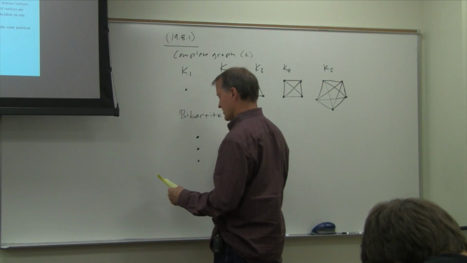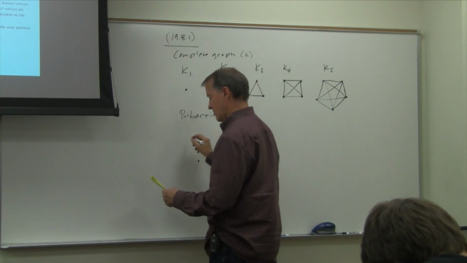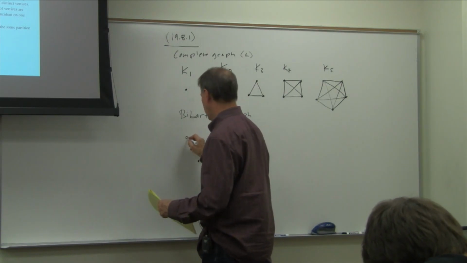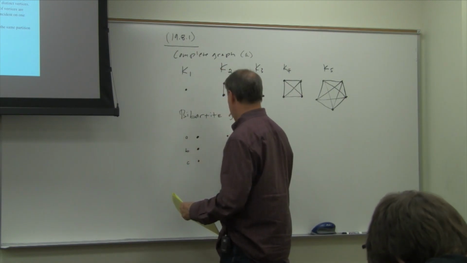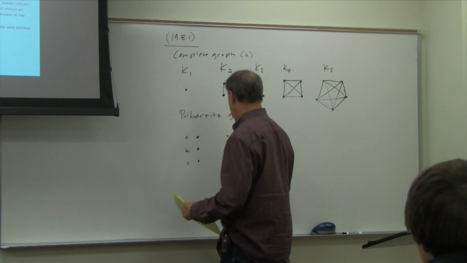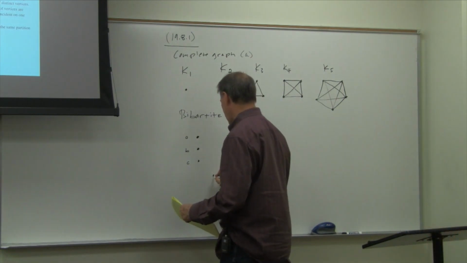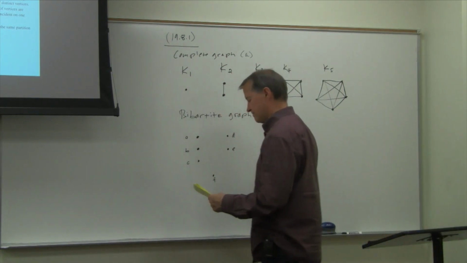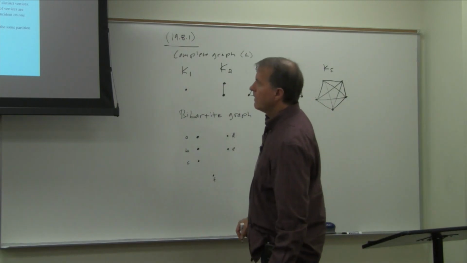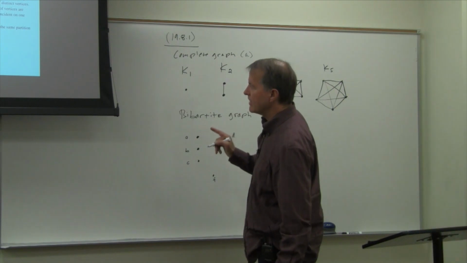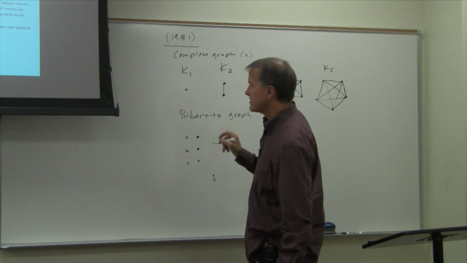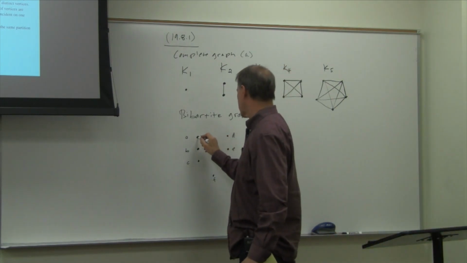So let's say this is A, B, C, and this is D, and this is E, and let's say this one is F, all right? These set of vertices are partitioned such that each edge is incident on one vertex in x and one vertex in y. So check this out.